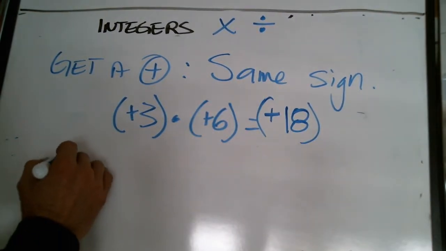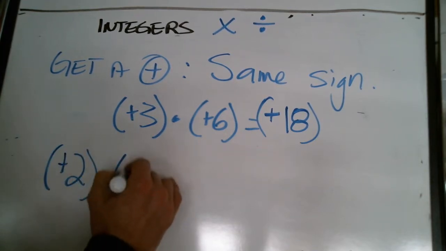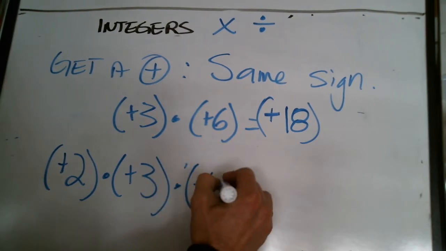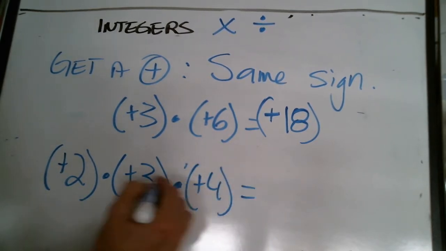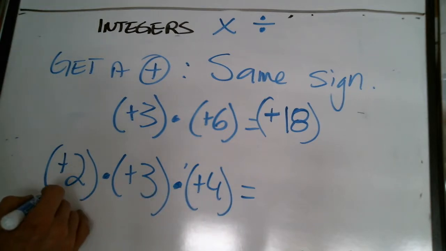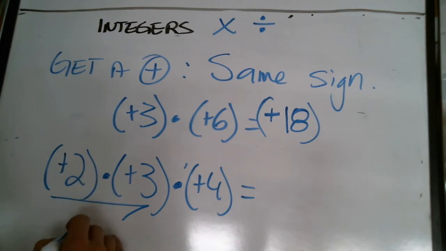Let's take a look at something a little bit bigger. Positive 2 times positive 3 times positive 4. Now this is just order of operations. Left to right. Positive times a positive is going to be positive 6.